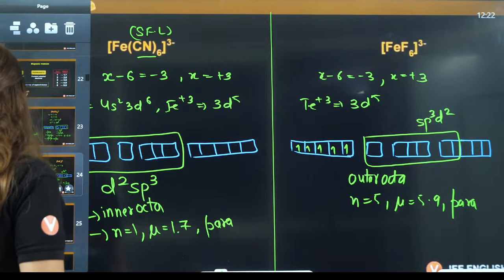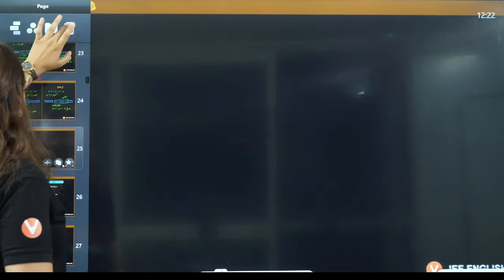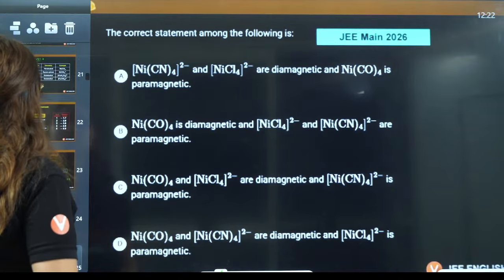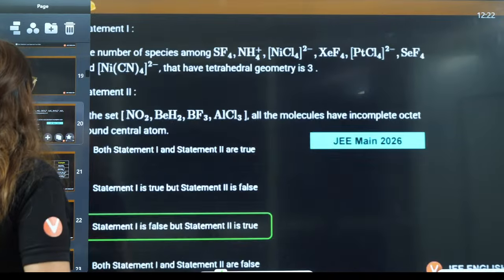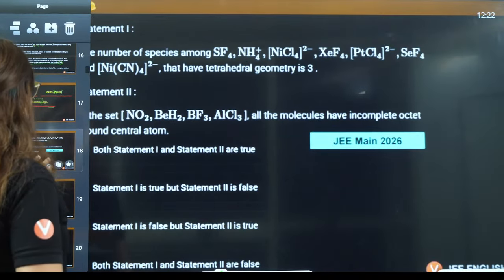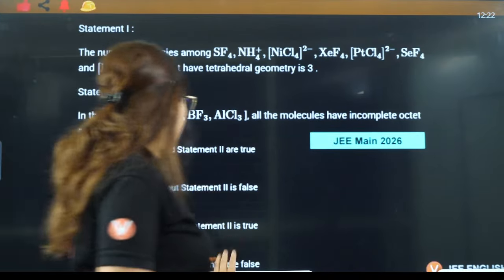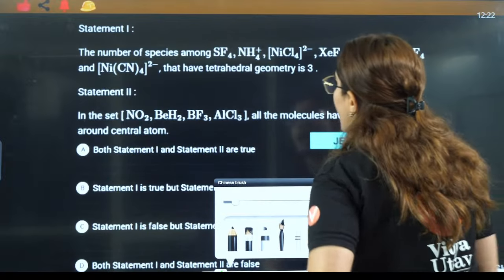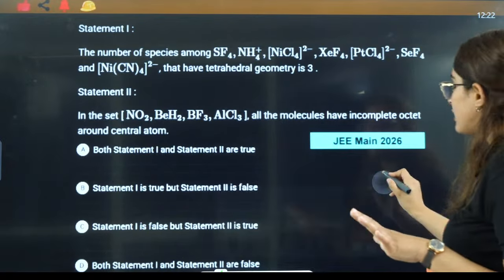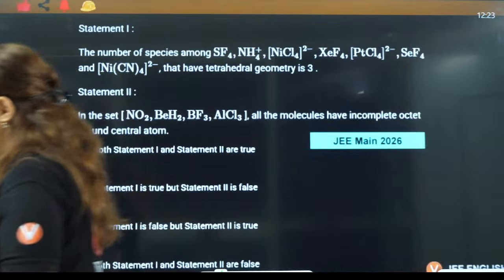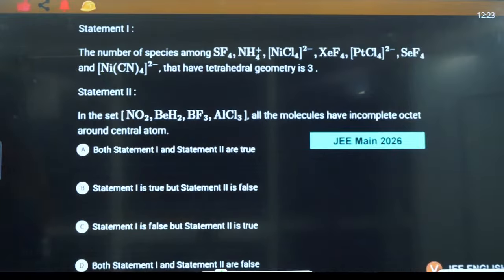Now see 1 or 2 more things here, right? Now let's see what kind of question they ask you from here. I'll start with this 2026 question. Lots of questions will be done from VBT, so let's see how they ask them.